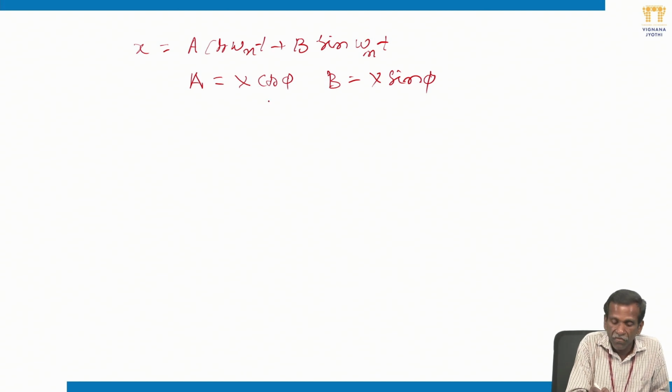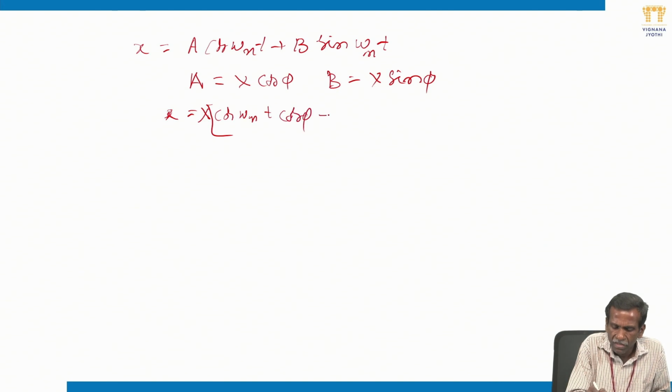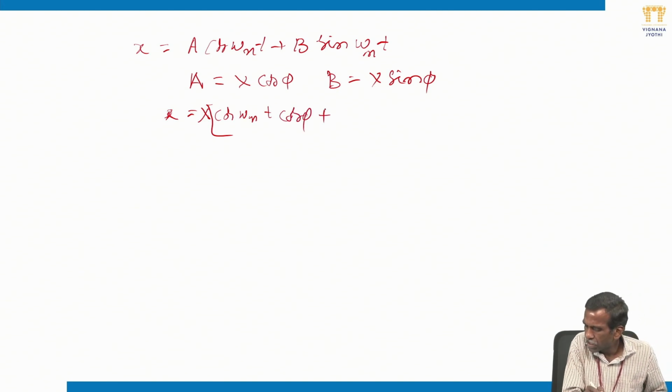These are also functions of some phase angle phi. As you know simple harmonic motion, if you substitute this, you will get x common, then cos omega nt cos phi plus sin omega nt.